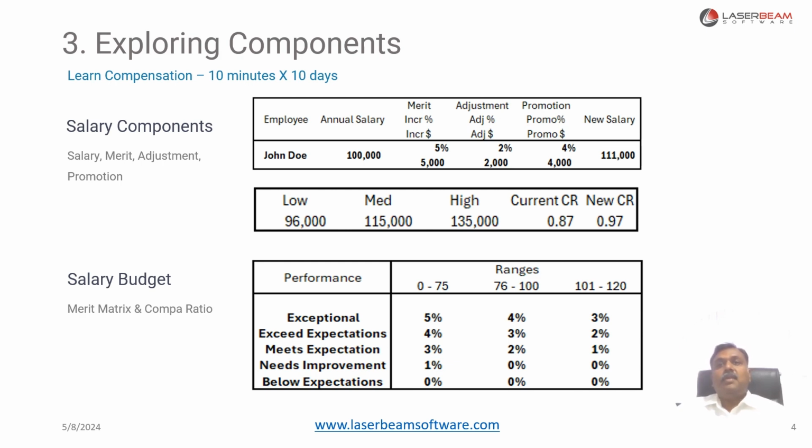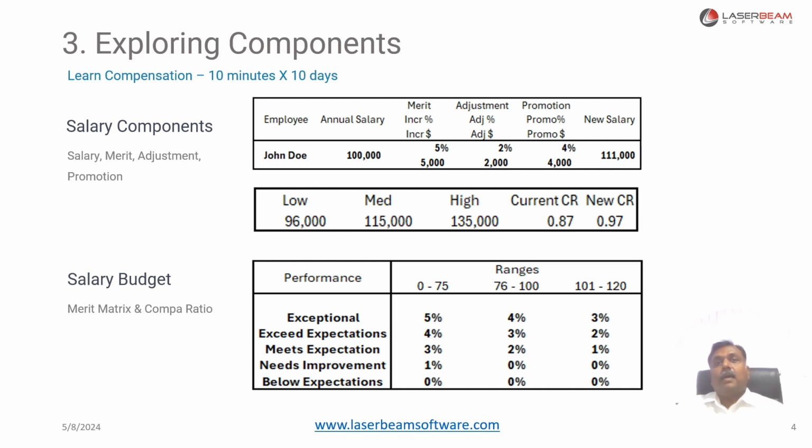So when you build a matrix like this over a period of time, it actually brings people to a specific level wherein their performance and pay, irrespective of the difference in the pay ranges, gives them an increase which tees up to a range based on the performance.